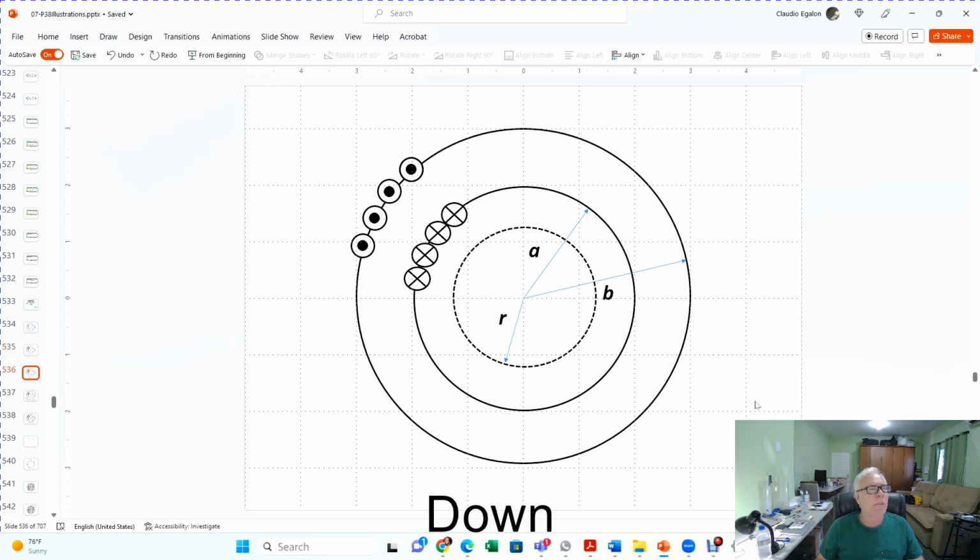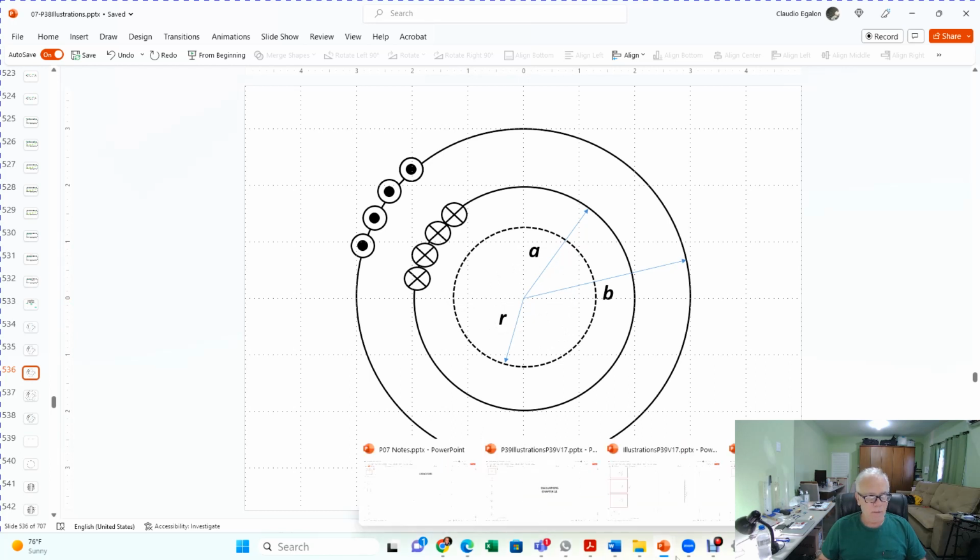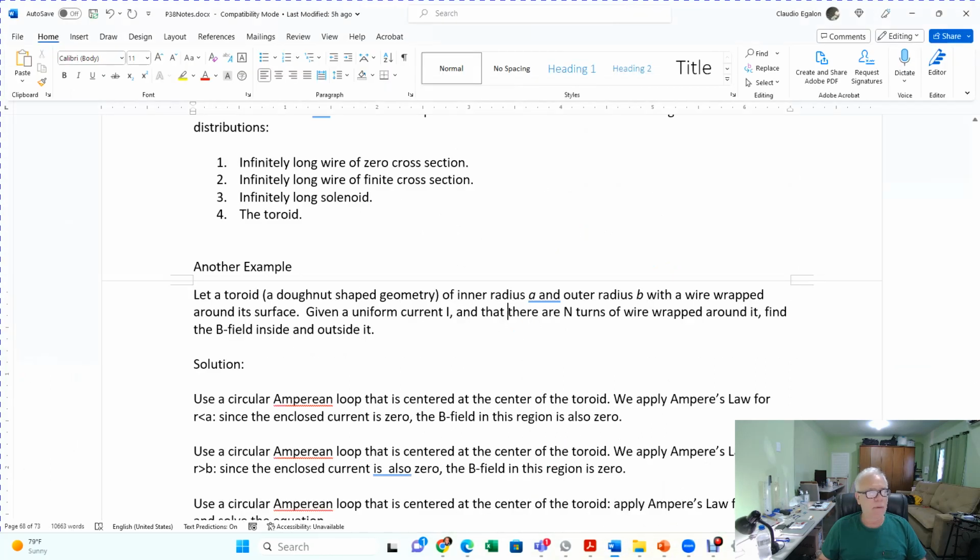In the next step, we are going to come up with my Amperian loop that has a symmetry just like that. Since there is no current enclosed by this Amperian loop, the magnitude of the magnetic field inside is going to be 0. Okay? So that's the easy part.